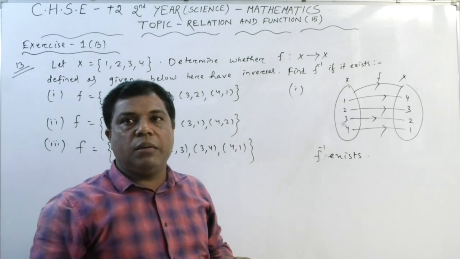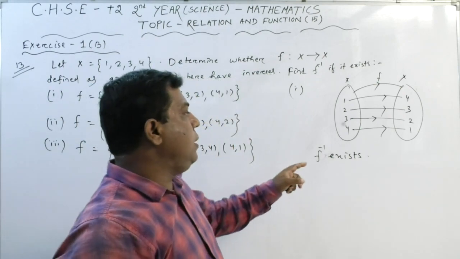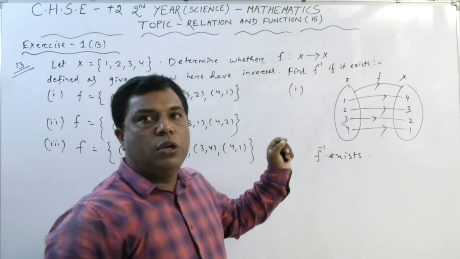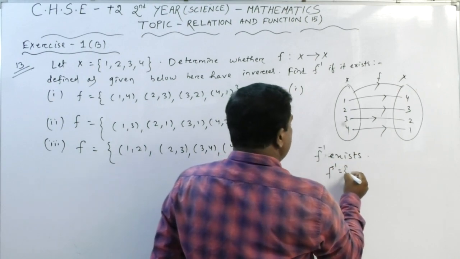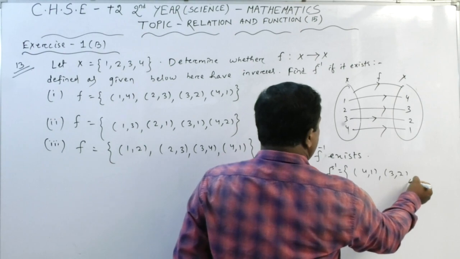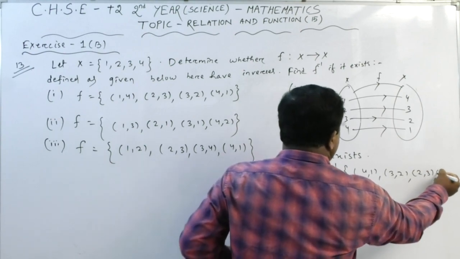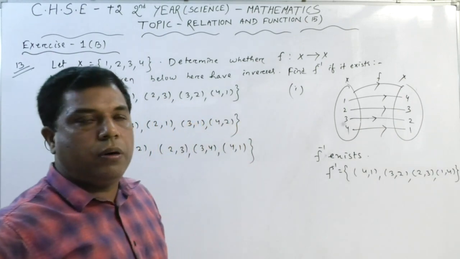When a function is invertible, it is both one-one as well as onto. So here it is one-one and onto, so f inverse exists, and f inverse is equal to the ordered pairs {(4, 1), (3, 2), (2, 3), (1, 4)}. In this way we are able to get the inverse of the function.